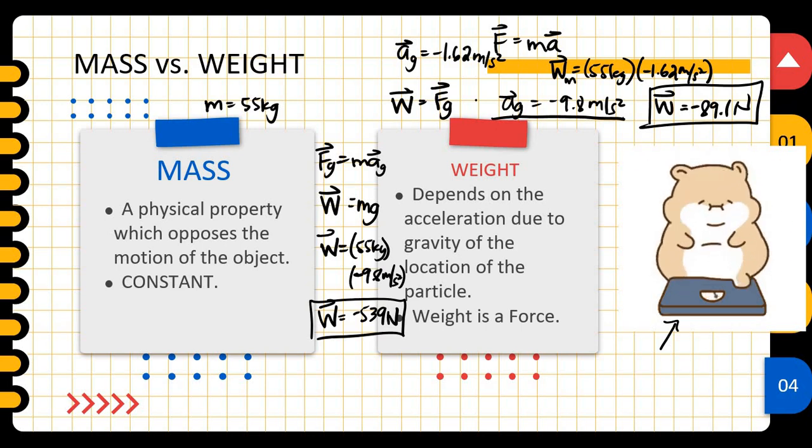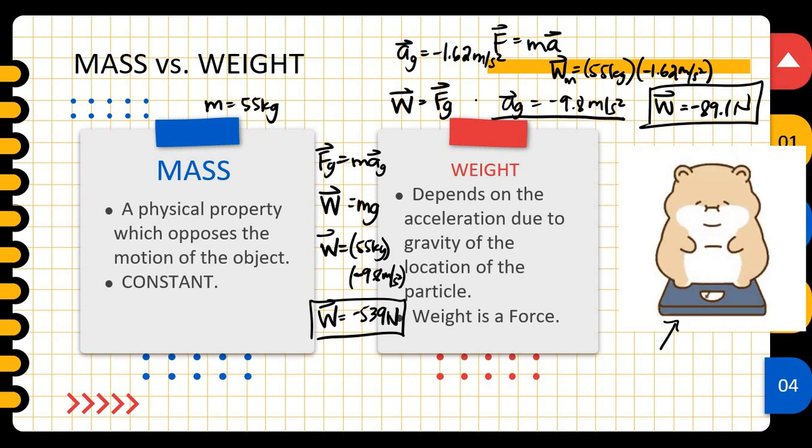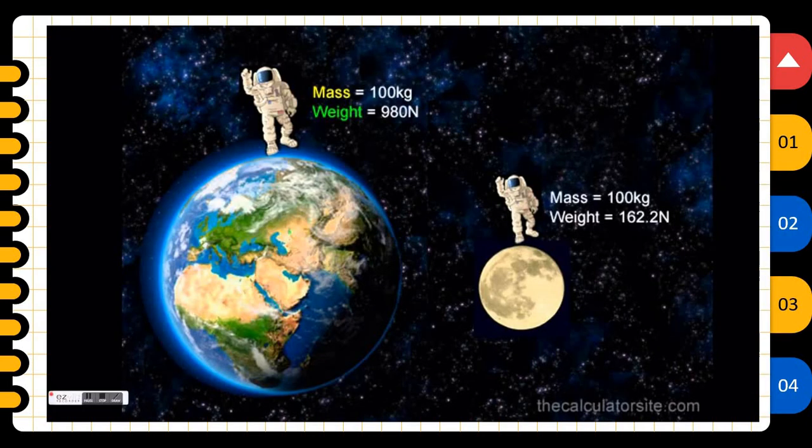So it has not much of a difference. Alright, so again, our conclusion is that our mass would be the same for all places in the universe, but our weight would be different depending on our location in the universe.